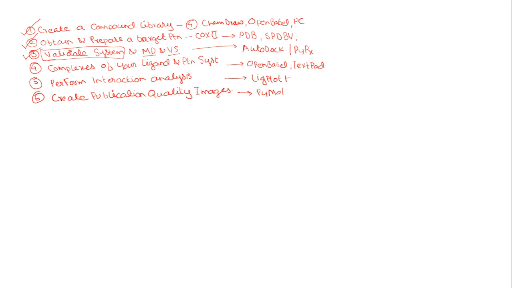But one of the main objectives of performing molecular docking is to first validate your system and then go for molecular docking and virtual screening. In this case, we have validated our system as well as performed the virtual screening and molecular docking in a single step. Okay, so let us now talk about what is validation of your system and why you need to validate your system.